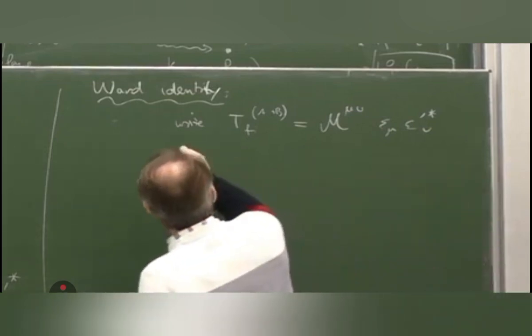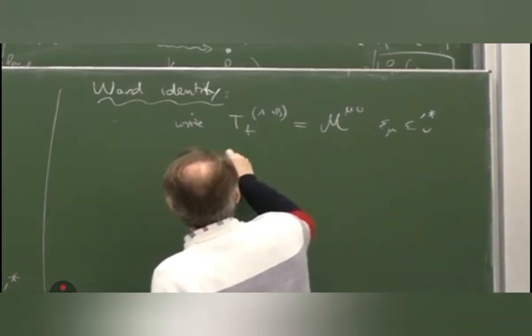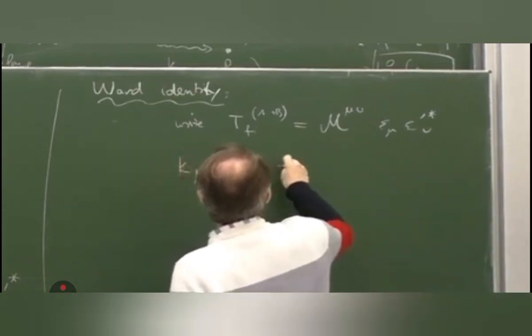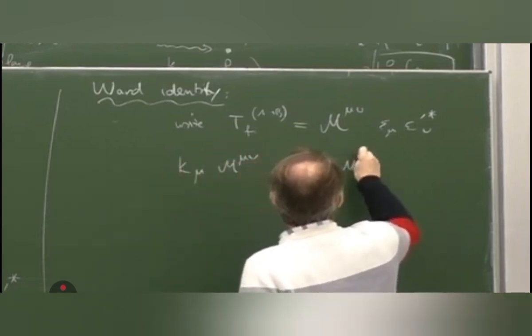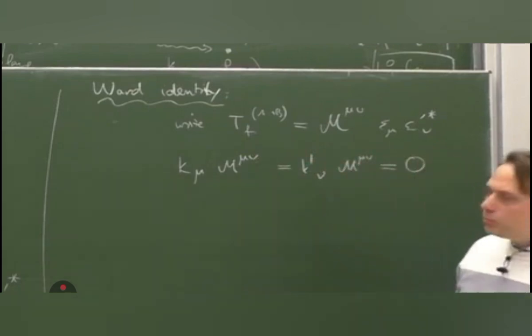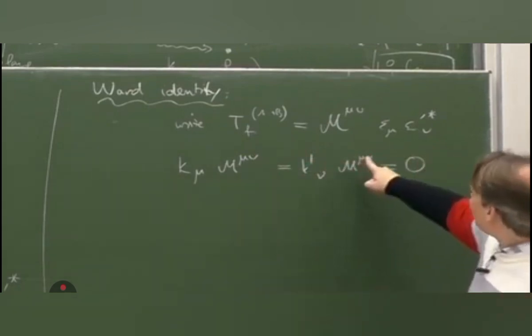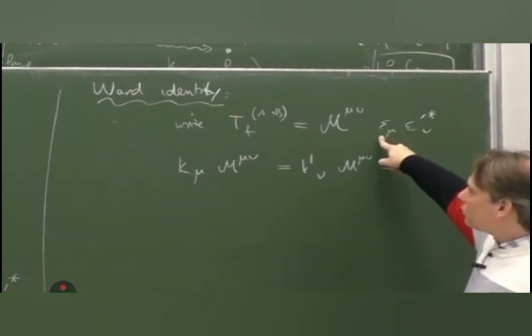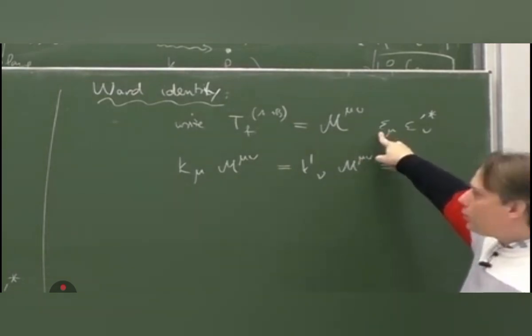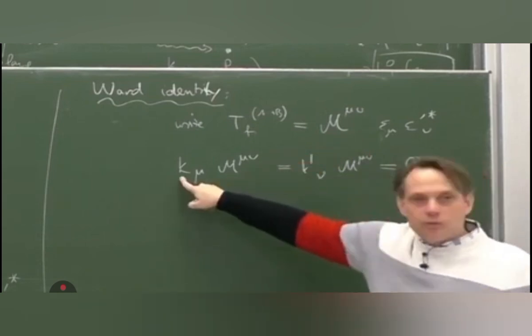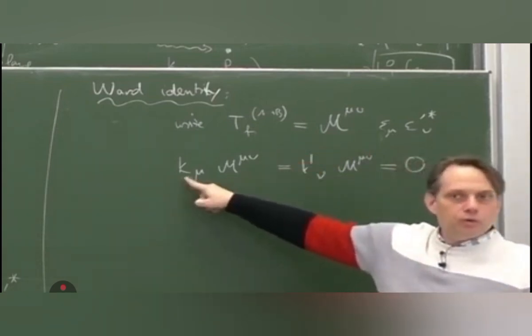I claim that we have the following: k mu M mu nu and k prime nu M mu nu are 0. That means, simply put, you take the polarization vector of the photon and you replace it by the corresponding momentum of the photon, and then you get 0.